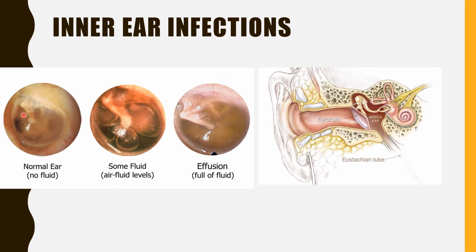These are three structures of the eardrum seen through a tonometer device. If these two are infected, there could be nausea, vomiting, earache, dizziness and reduced hearing. Next, this is in case of inner ear infections.